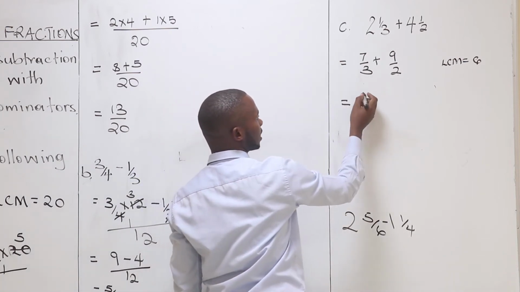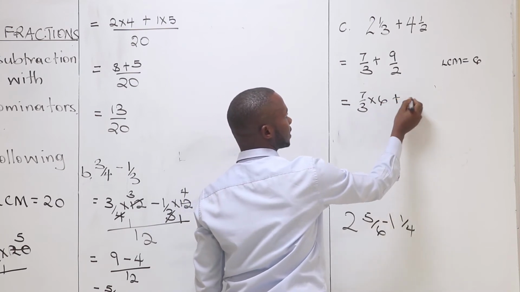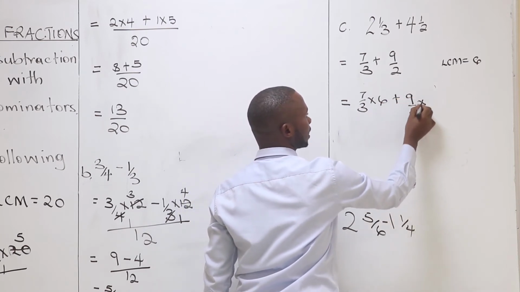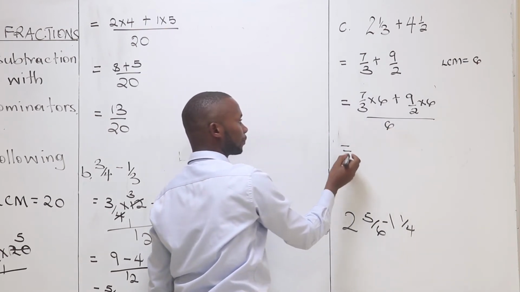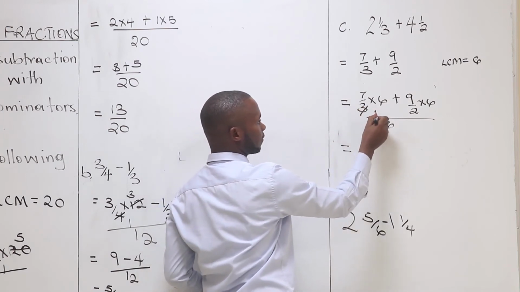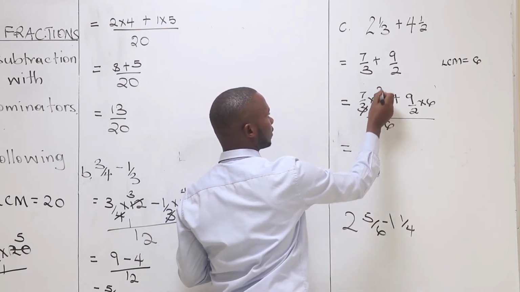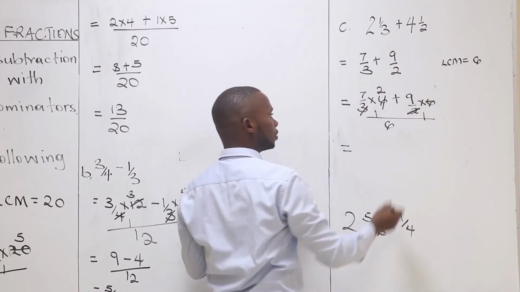After getting 6, we say 7 out of 3 multiplied by 6 plus 9 out of 2 times 6, divided by the LCM. So 6 divided by 3 gives 2, and 6 divided by 2 gives 3.